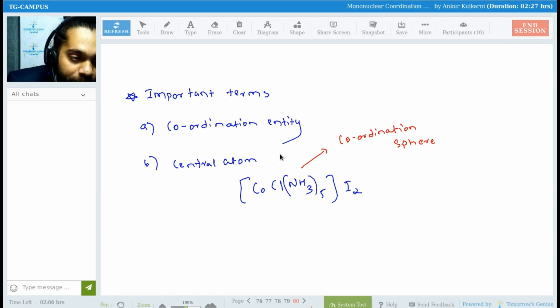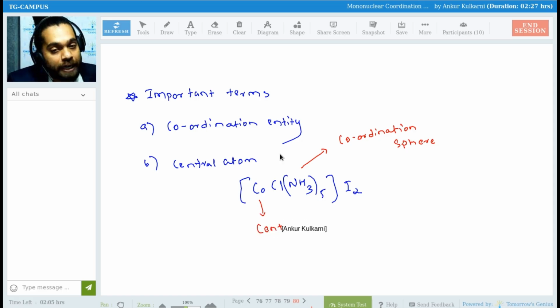Now in the coordination compound, very good, Sarchna, the central atom is always a metal. For example, over here, your cobalt is the central atom. Please write it down. Over here, your central atom is cobalt. Why?